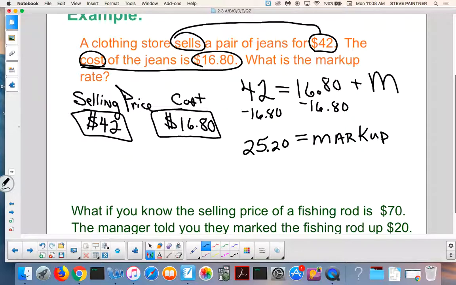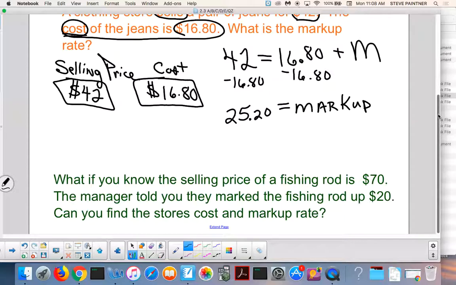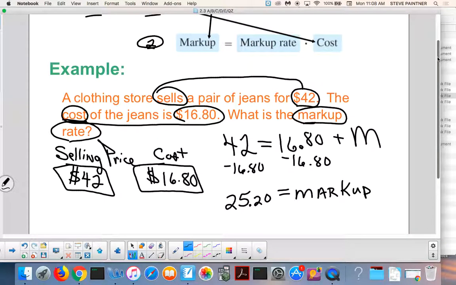All right, now here we go. Am I done? Did I answer the question? What's the markup rate? No, I did not answer the question. I have to go to the next equation. There's the next equation. The markup rate, I'm going to call it R, equals the markup divided by the cost.